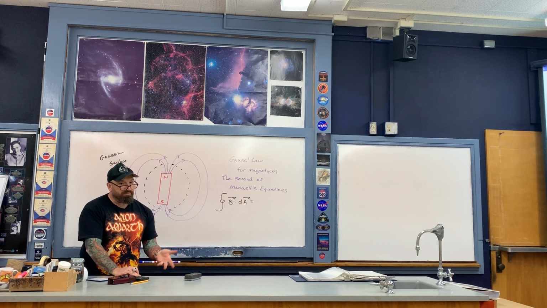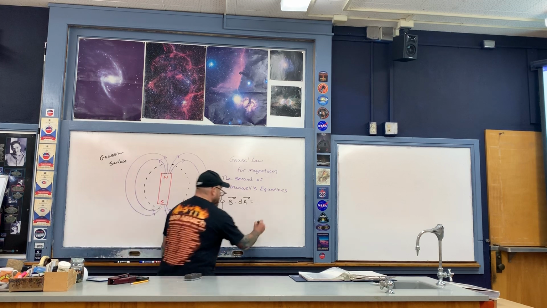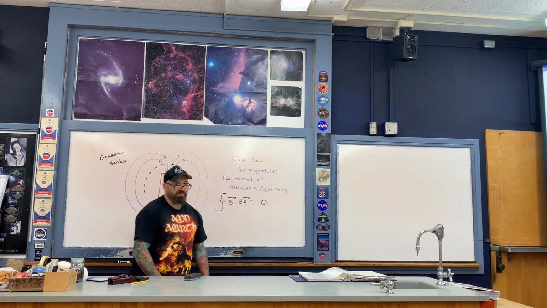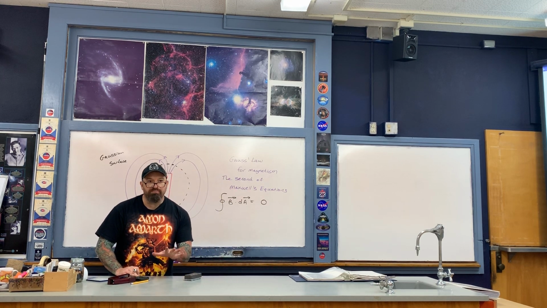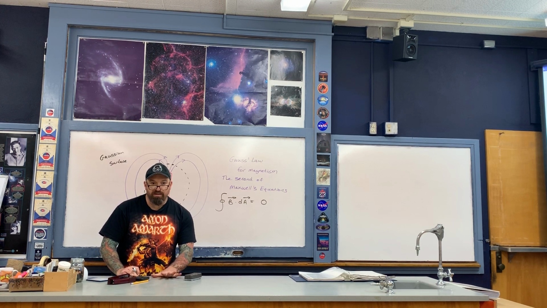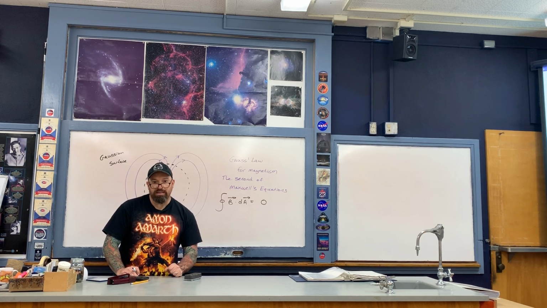Therefore, for magnetism, the right-hand side of the expression is equal to 0. In other words, there is no such thing as a magnetic pole all by itself. Whenever you have a magnet, you always have 2 poles. Therefore, the flux integral for an entire magnet is always equal to 0. This equation has a name. It's called the no-name equation.